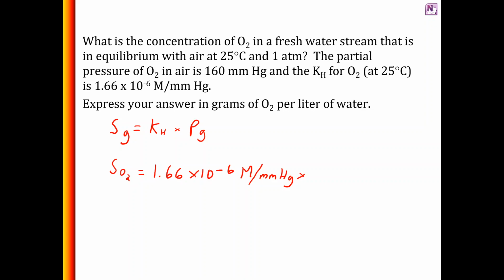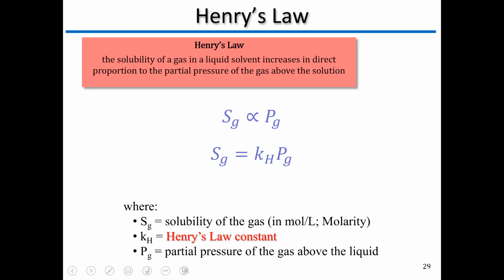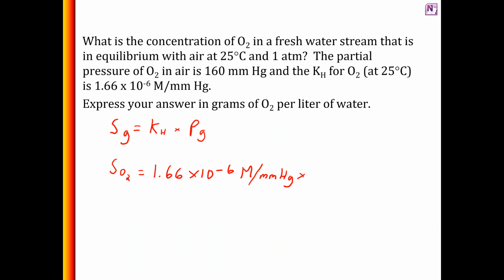Okay, so in this case they tell us that it is, sorry, this is why I like using that notebook program a lot better. So the partial pressure of oxygen, they tell us 160 millimeters of mercury. Okay, so now you just have to go through and do the multiplication here.